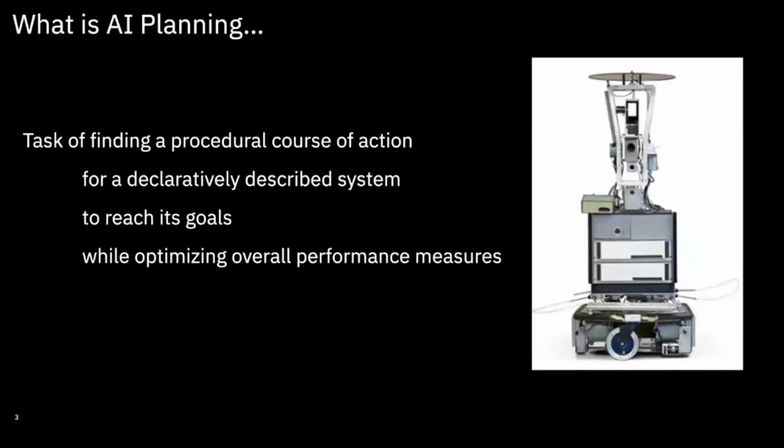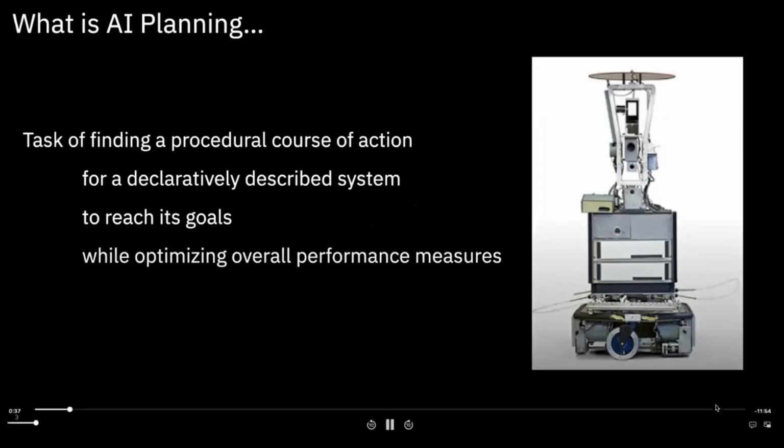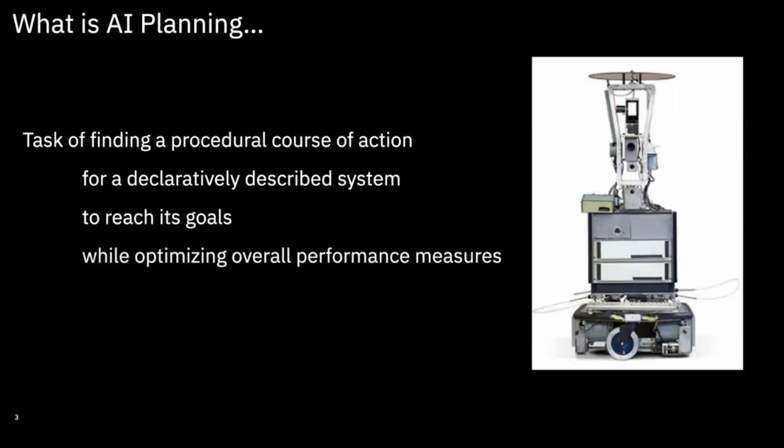So what is AI planning? AI planning is a long-standing sub-area of AI since the 60s. Planning sits well with autonomous systems and started with robots. When an autonomous system has to achieve something, it has to plan for it ahead of time. This is a picture of Shaky the robot, which was the first mobile robot with the ability to perceive and reason about its surroundings.